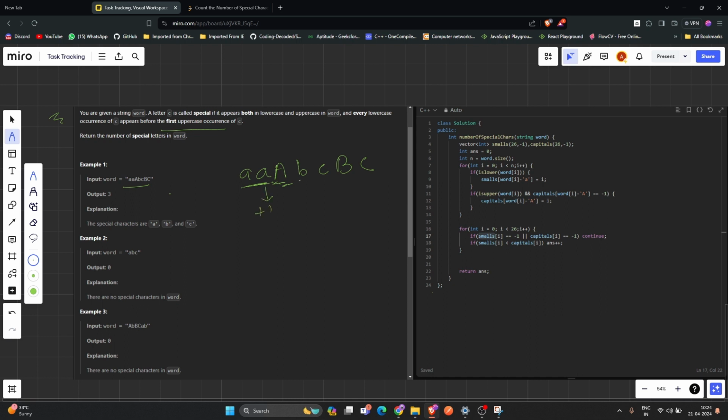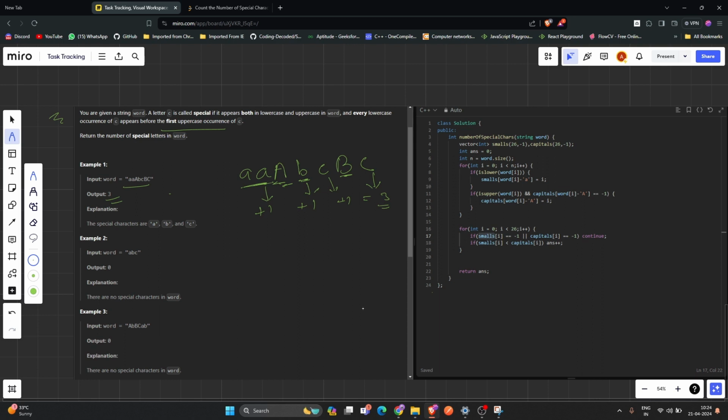Let's talk about B. Small b is present, capital B is present, and every small b is appearing before its capital B. So that is also a special character. Talking about C, small c and capital C are both present, and every small c is appearing before the first occurrence of capital C. So it is also a special character. So here we have a total of three special characters, and this is the output: three.